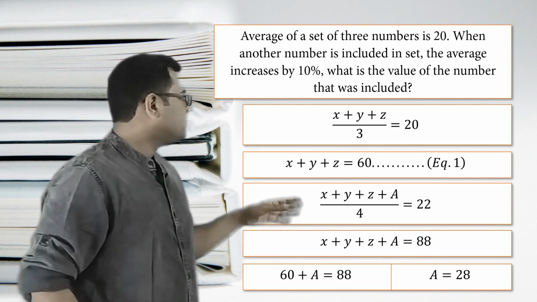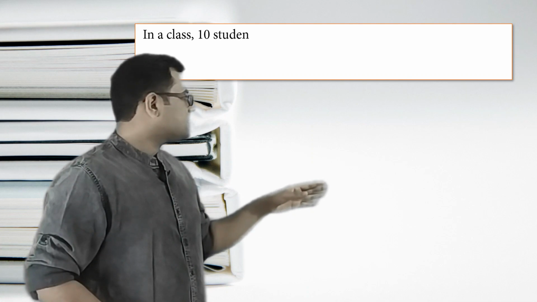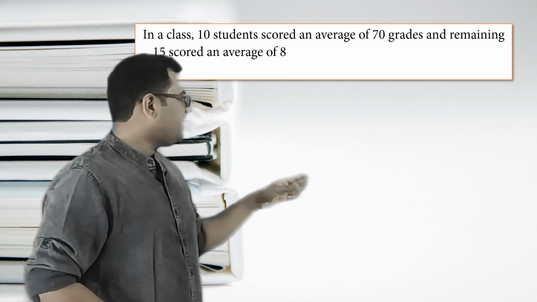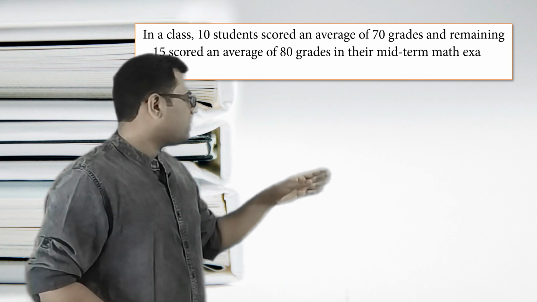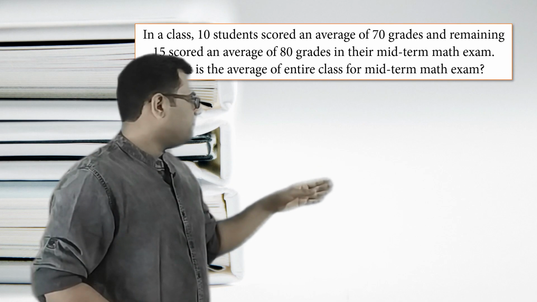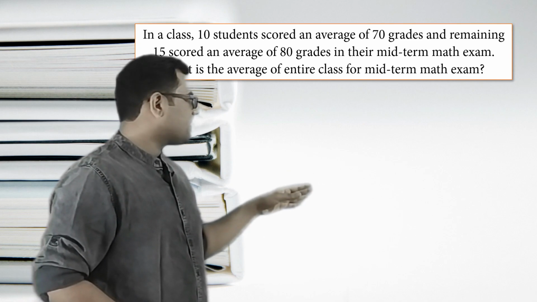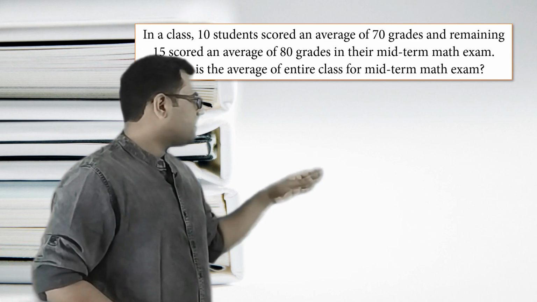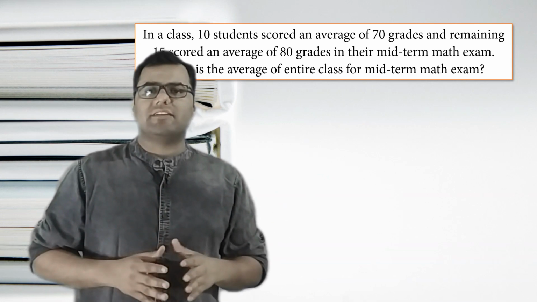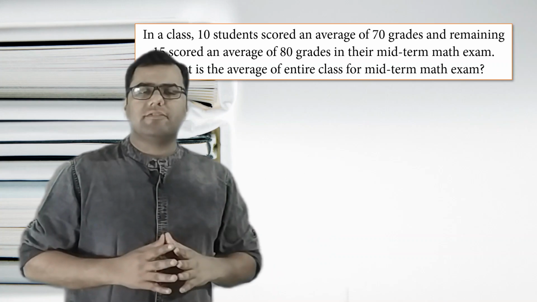The next problem. In a class, 10 students scored an average of 70 grades, and the remaining 15 students scored an average of 80 grades in their midterm math exam. What is the average of the entire class for the midterm exam? I'll go on the way I did in the first example.